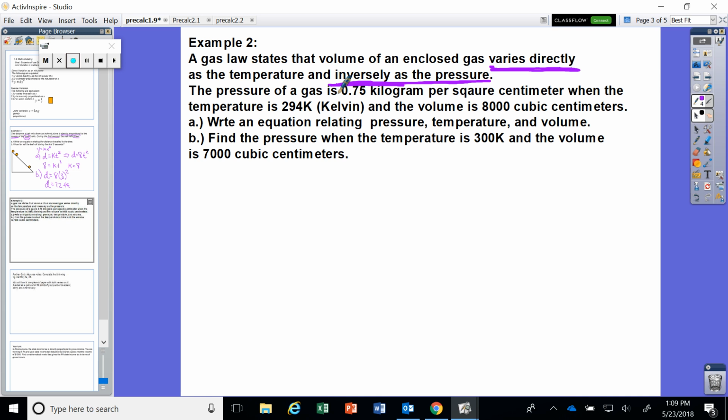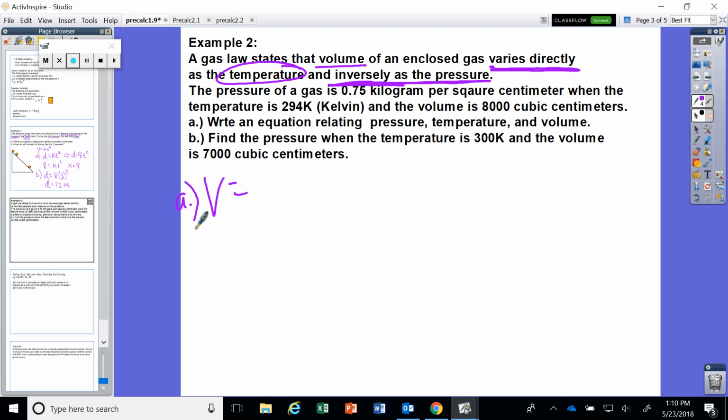Volume is going to be relating to the big picture when it is all said and done, because it says that the volume of an enclosed gas varies directly to the temperature, but inversely to the pressure. All right, well, let's go ahead and make V for volume. This is going to be part A.